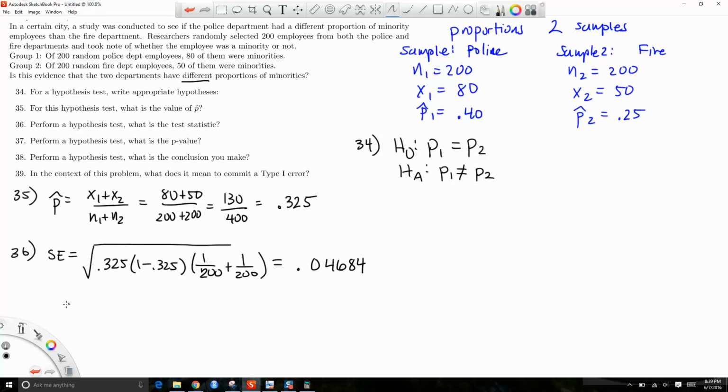Then my test statistic is the difference between P hat 1 and P hat 2 divided by our standard error. I'm getting 0.4 minus 0.25 divided by 0.04684, and I get a z-score of 3.20.